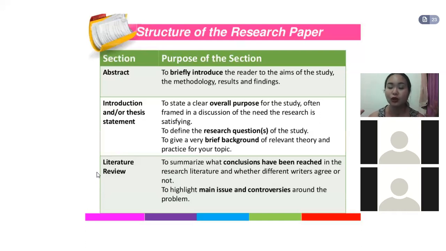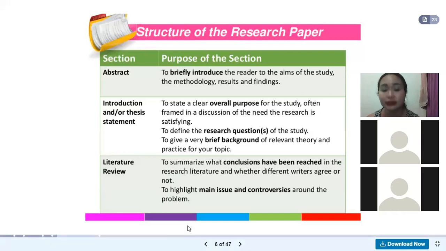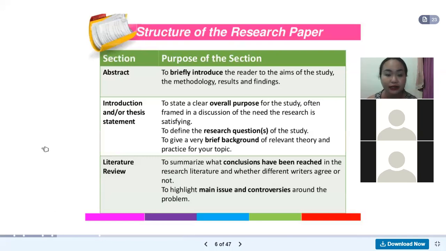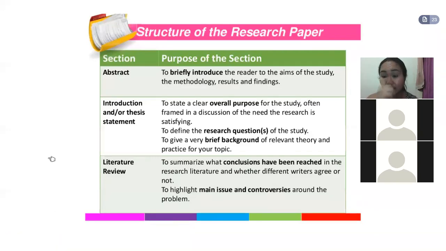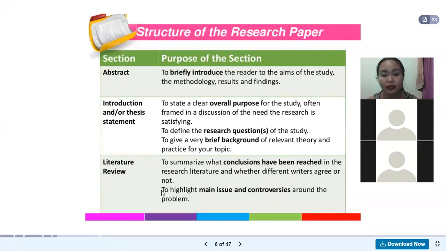You should collate all those results so that it becomes more interesting. What would be the result of your study? Does it coincide with the other study? Also, highlight the main issues and controversies around the problem, as I just said.